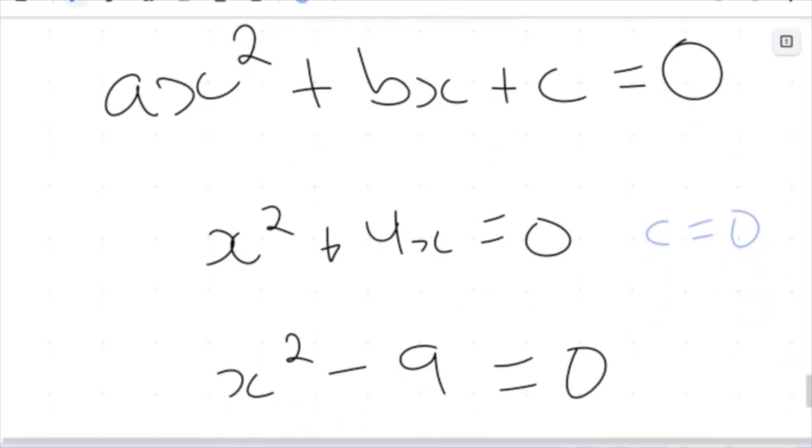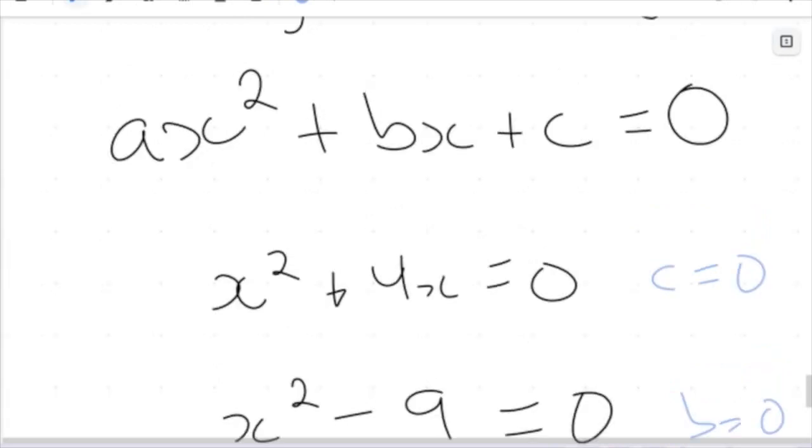And in x squared minus 9, there was no x term, which implies that the coefficient of x must be 0, because 0 times x equals 0. There's a non-existent x term here. So in this one, my coefficient b in the general layout of quadratic expressions is 0.